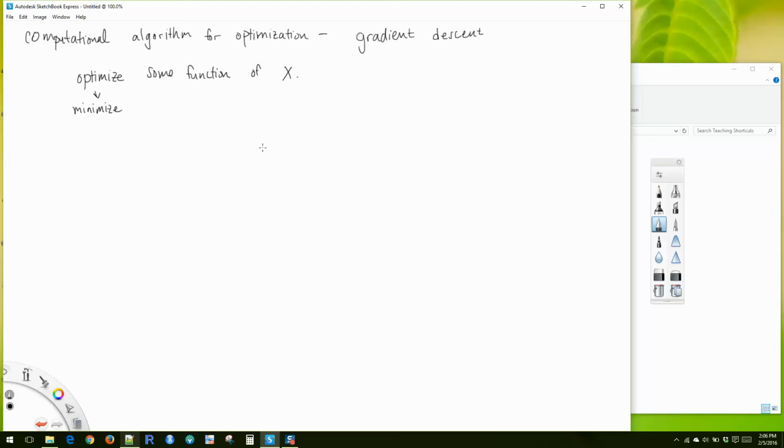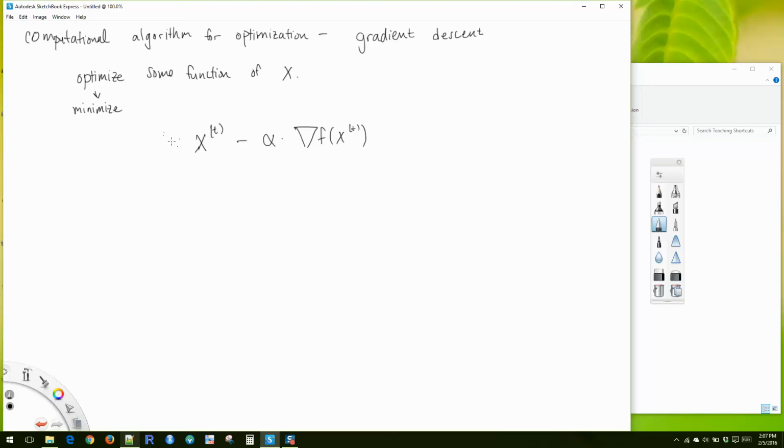Okay, and so what we do for each step in our algorithm, we start off with some value x, and then we take a step in the direction of the gradient, okay? So we have x at time t, and what we're going to do is subtract off, I'm going to put in an alpha here, multiplied by the gradient of x at time t.